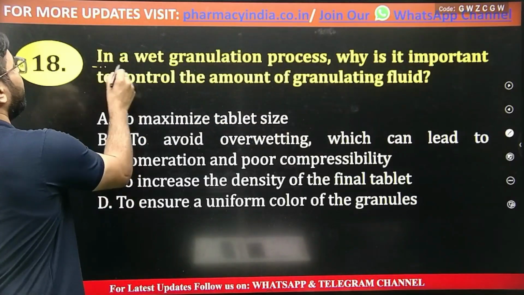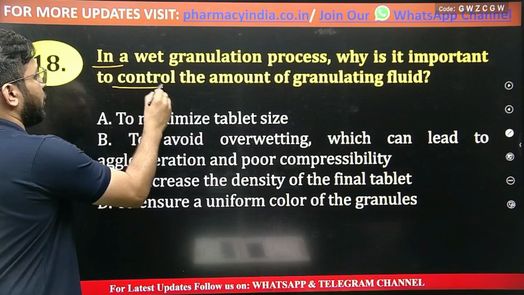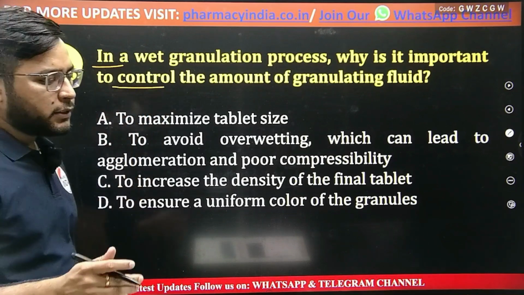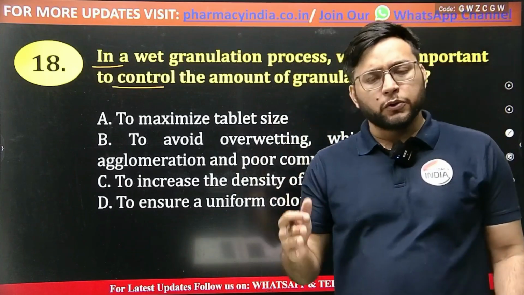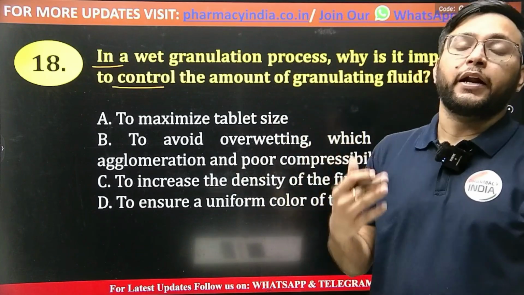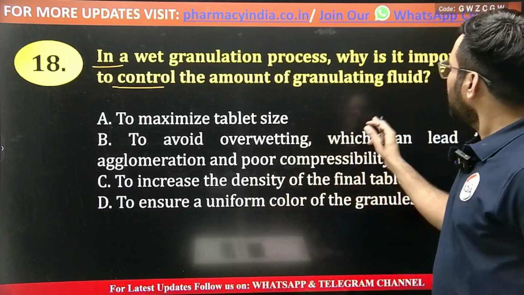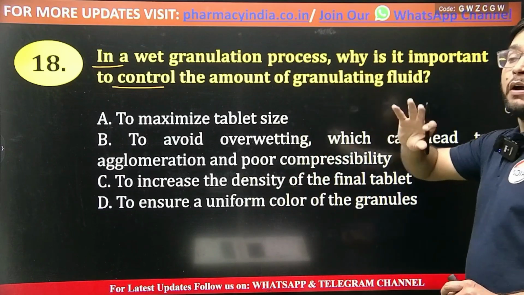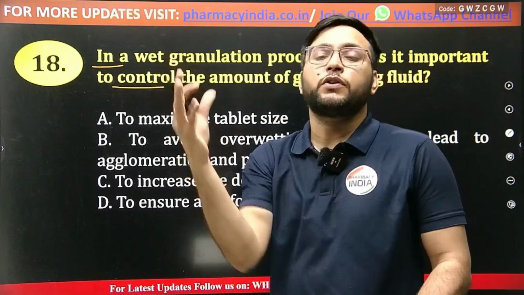In a wet granulation process, why is it important to control the amount of granulating fluid? In wet granulation we use granulating fluid to complete the granulation process. So why is it important to control that amount, why not use more granulating fluid?